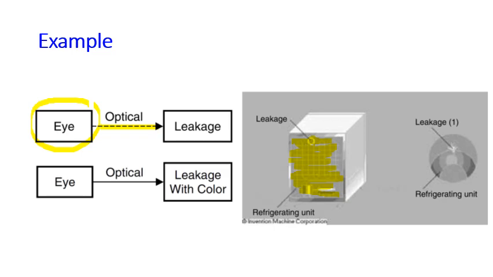So now whenever there is a leakage, you can see it from the color because the paint will react with the liquid. So now you can see by the change of the color, okay, that's where the leakage happens. So this is how we're altering an object.